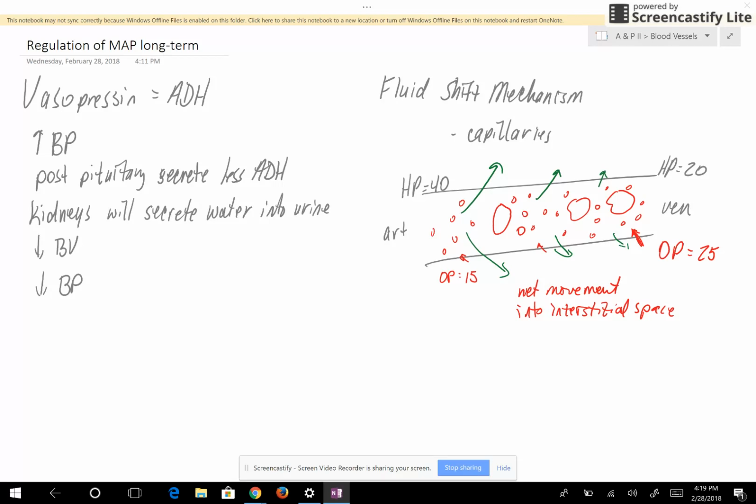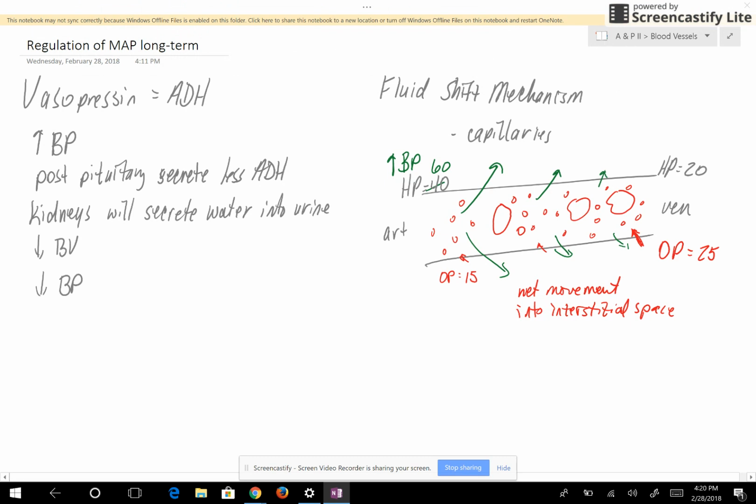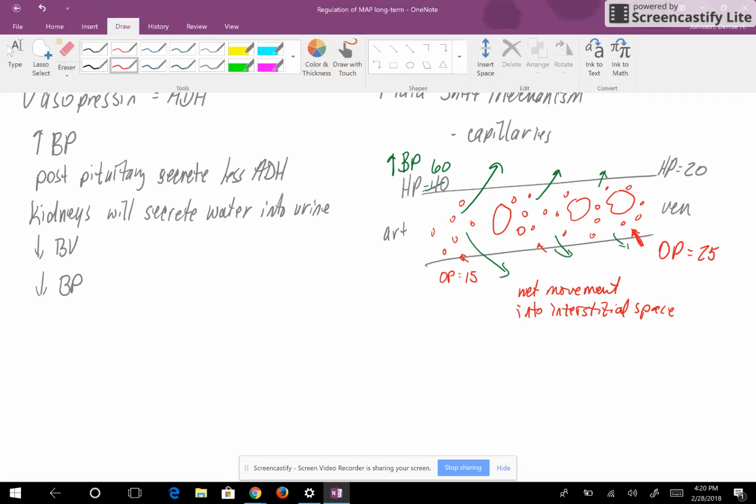Remember that the hydrostatic pressure is a result of the blood pressure. So we're going to increase the blood pressure. So we increase the hydrostatic pressure to, in our example here, 60.